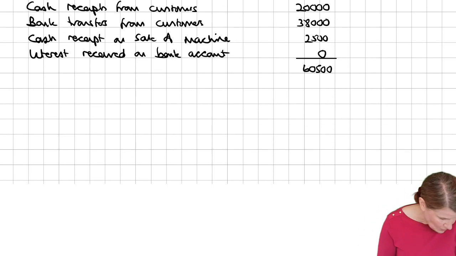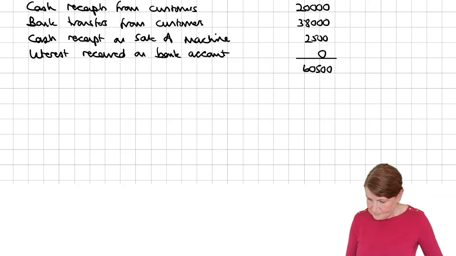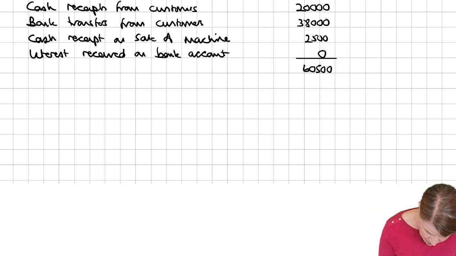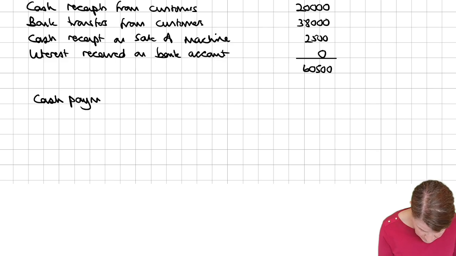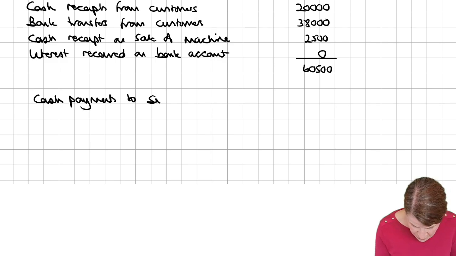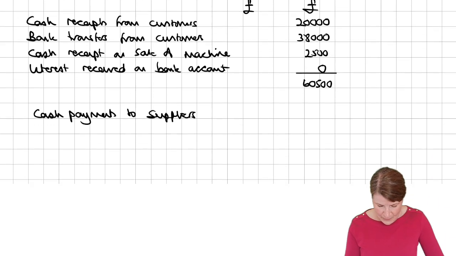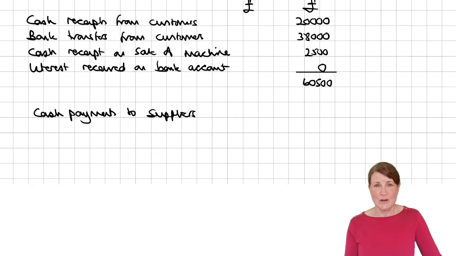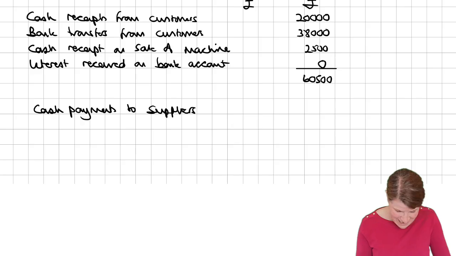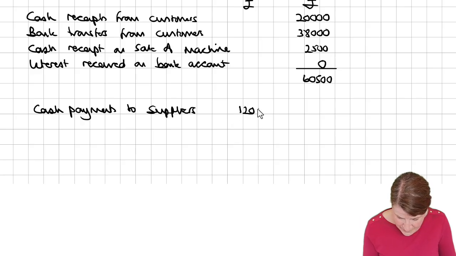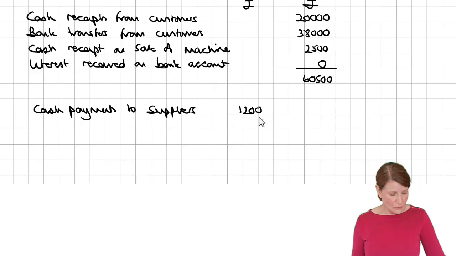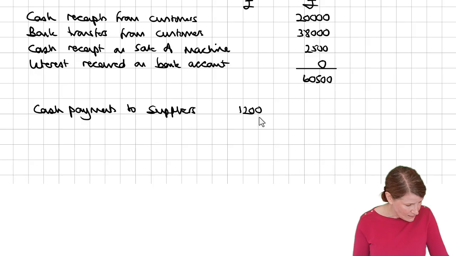And then we've got payments. So we've got cash payments to suppliers. You can see straight away this is a bit more of a long-winded approach, but hey. So £1,200. Yeah, that's a trading expense.